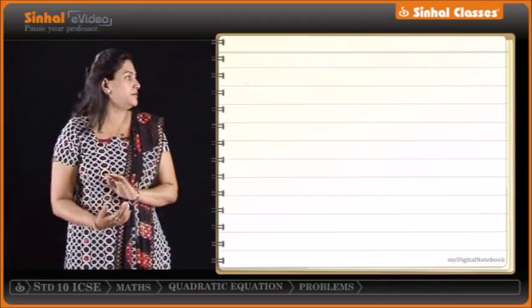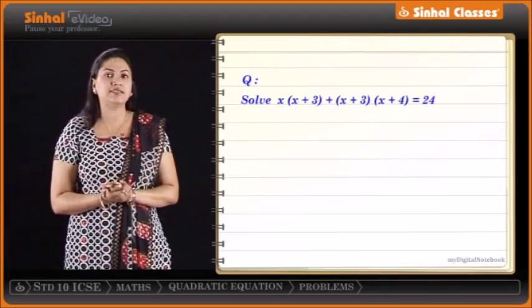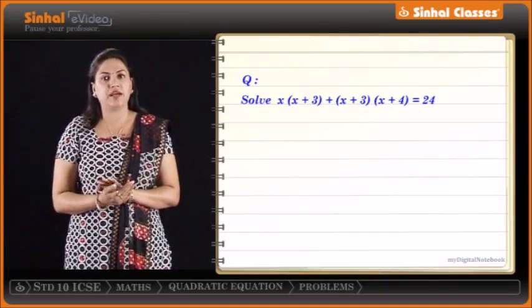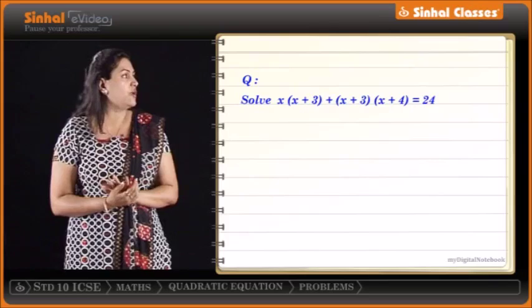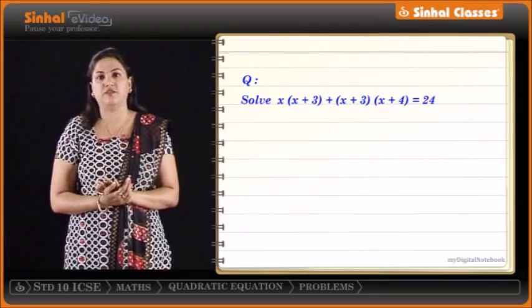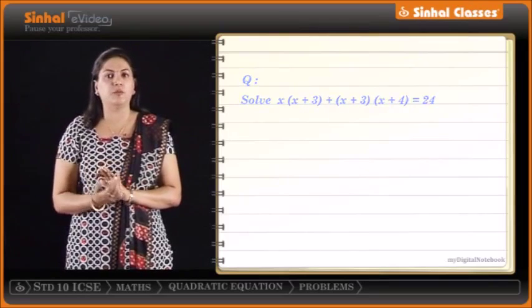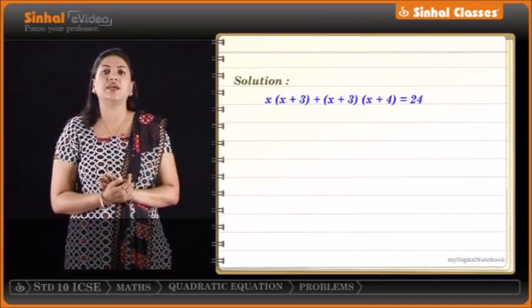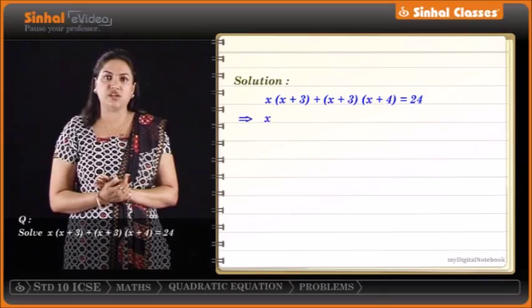Here's our next problem. Solve x into x plus 3 plus x plus 3 into x plus 4 is equal to 24. First, we will open up the brackets. X into x plus 3 gives us x square plus 3x.